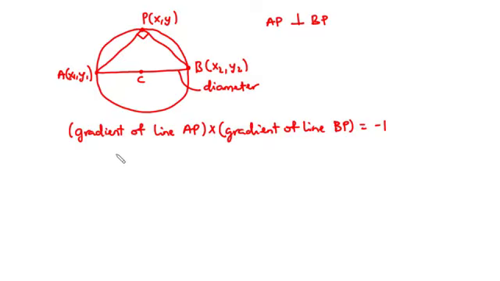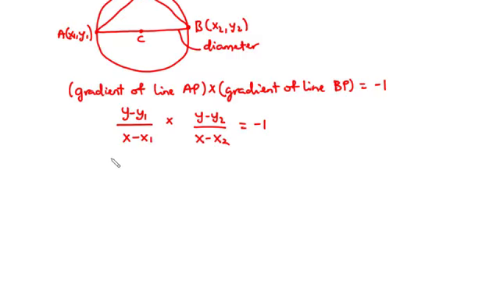So for line AP, we have the gradient to be y minus y1 over x minus x1, times, for line BP, we have y minus y2 over x minus x2, and this is equal to -1.